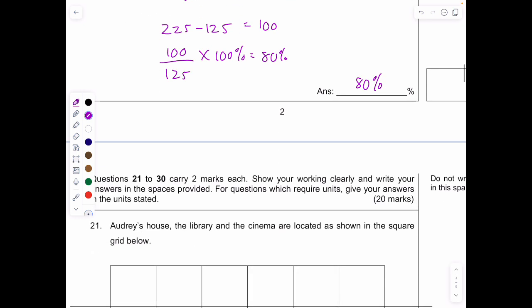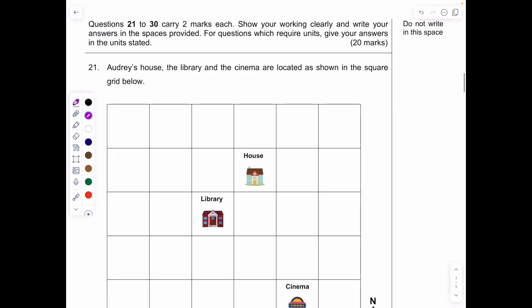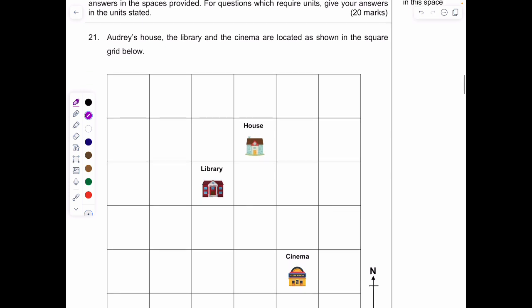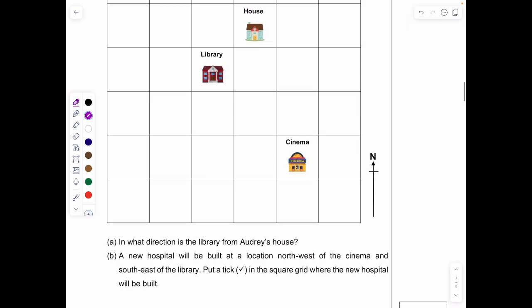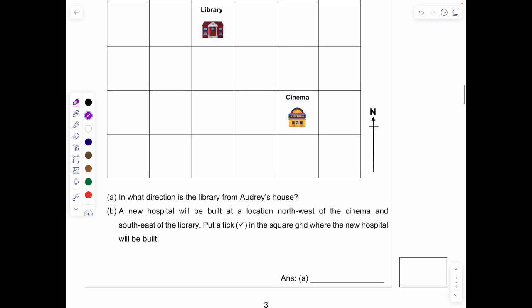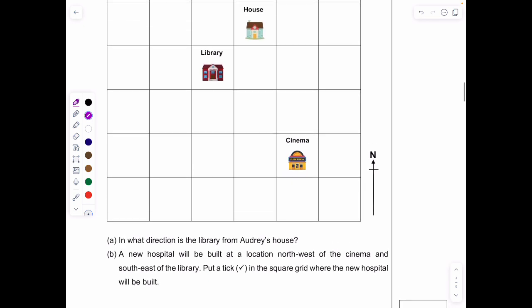Right? Next. Okay. Audrey's house and the library and the cinema are shown in the square grid below. In which direction is the library from Audrey's house? Okay. So when we take a look at it, Audrey's house is here.